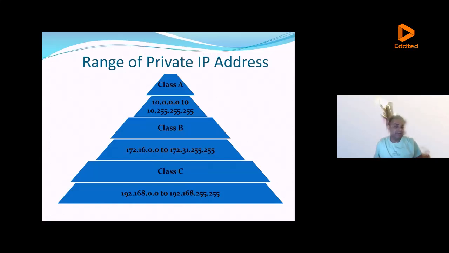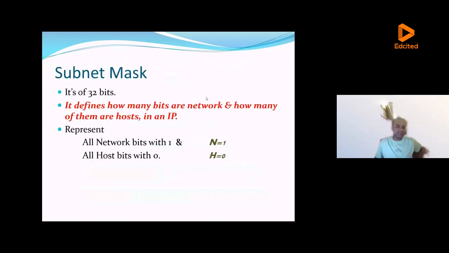That is told to you by the subnet mask: from where your network starts to where your network ends. What are the boundaries of the network? That is defined by your subnet mask.